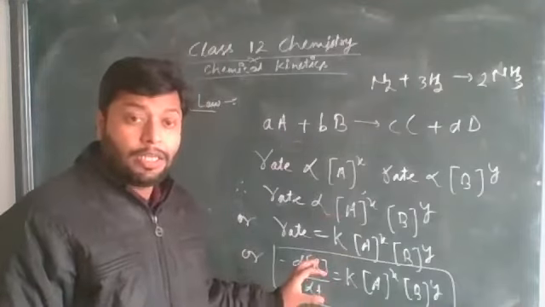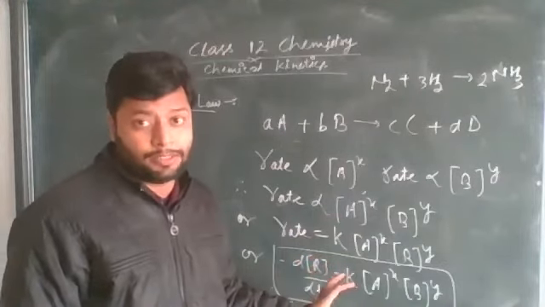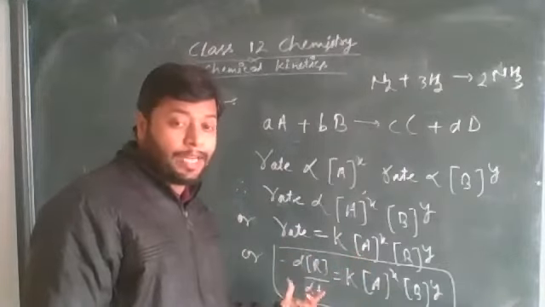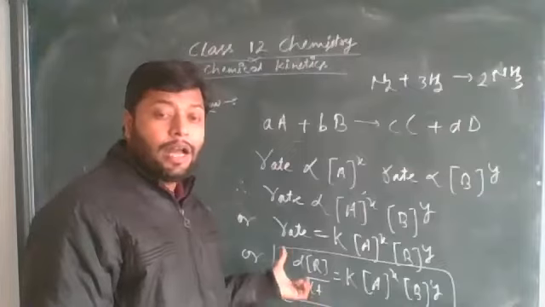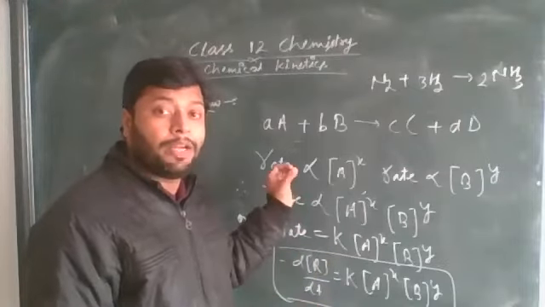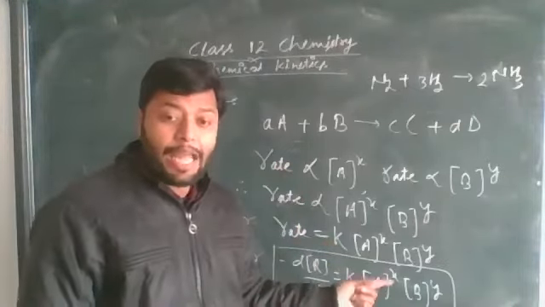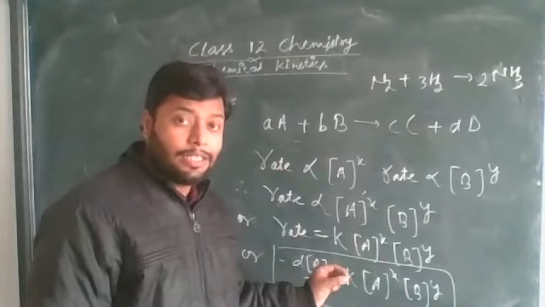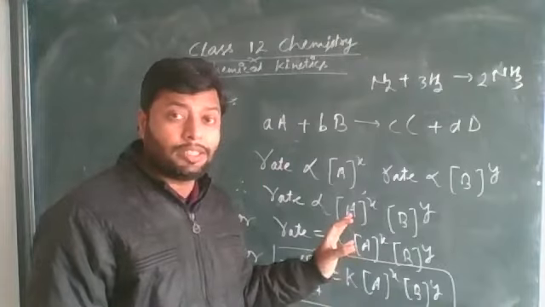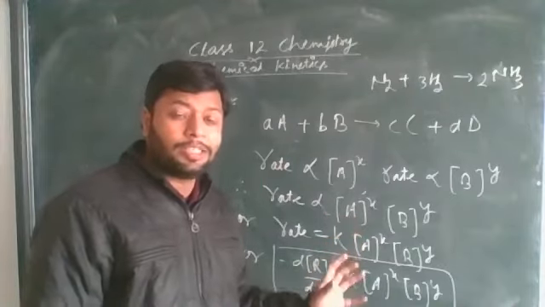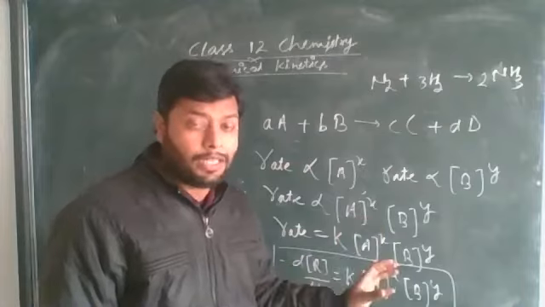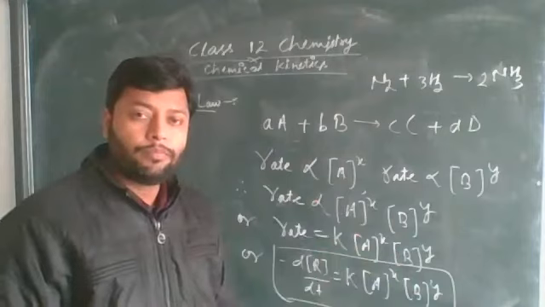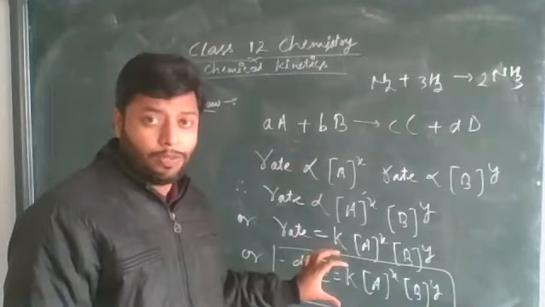And this is the differential rate equation formation, where minus dR by dt is a differential value for the rate of the reaction, A and B are molar concentrations, and x and y indicate to what extent the molar concentration of A and of B participate in the chemical process. This is the rate expression.